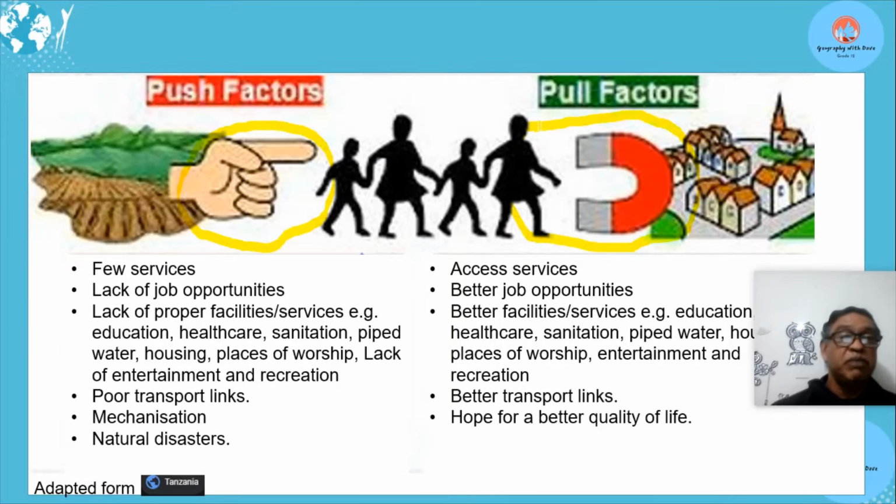Push and pull. Some of the things is like services. In the rural area, there are few services, whether it be simple things like post offices, delivery services, any simple thing you can go on. There's few, but in the urban area, there is more access to services.